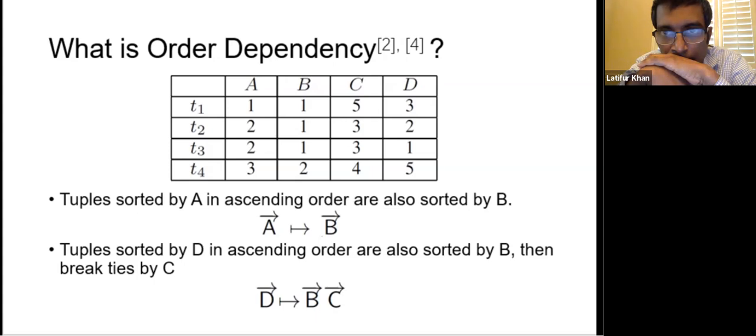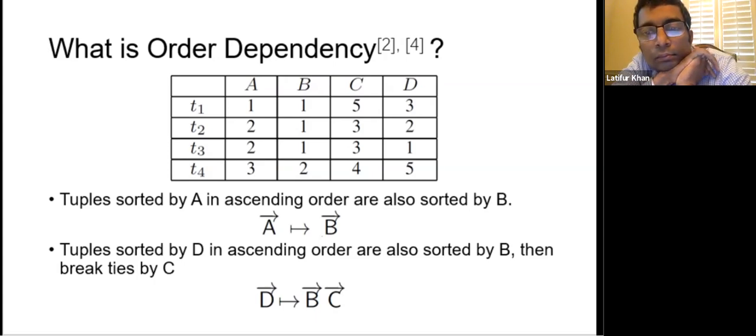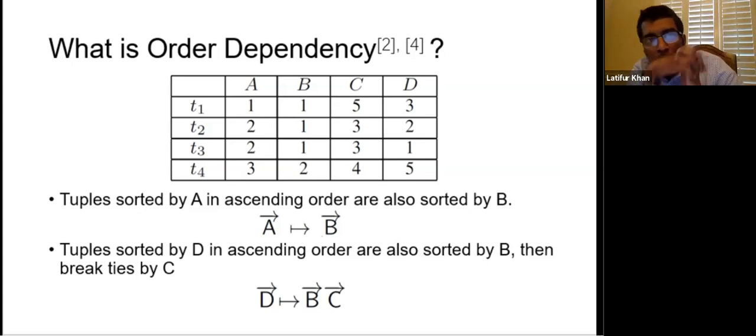This is just an example of OD. The right arrow means ascending order, and the left arrow means descending order. As another example, tuples sorted by D in ascending order are also sorted by B, then break ties by C. We can say D ascend orders B ascend C ascend.